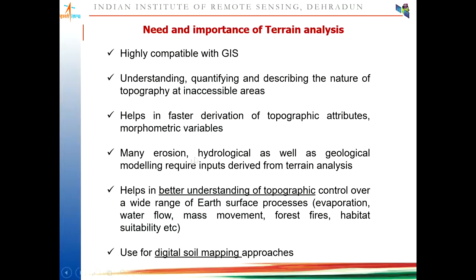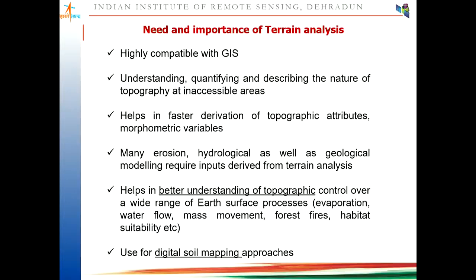Many of the erosion models, hydrological models, geological models all require these terrain attribute maps generated from terrain analysis, and it helps in better understanding of the topographic control over the earth surface.